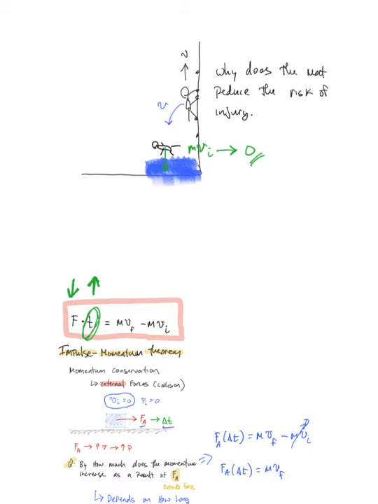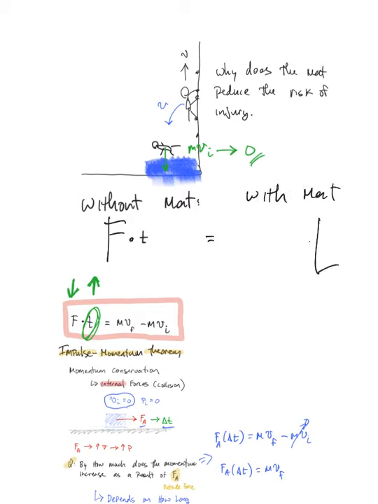In other words, I might put it this way. Without the mat, we would have a collision with the hard floor here that would happen over a very, very small t. And if the t is small, then the F has to be very, very big. With the mat, the time is much bigger. And if the time is much bigger, then the force doesn't have to be quite so much.